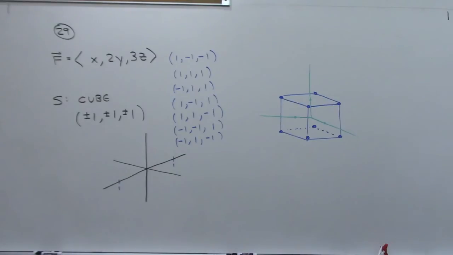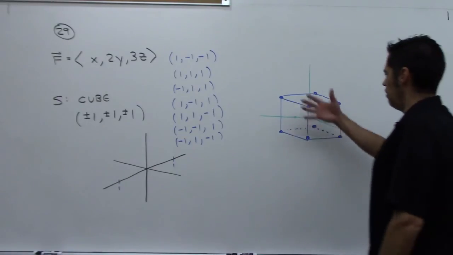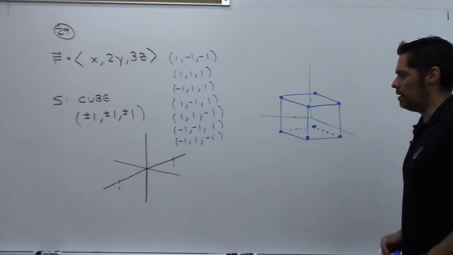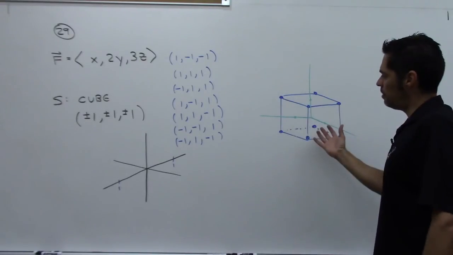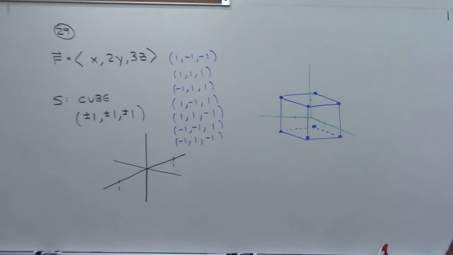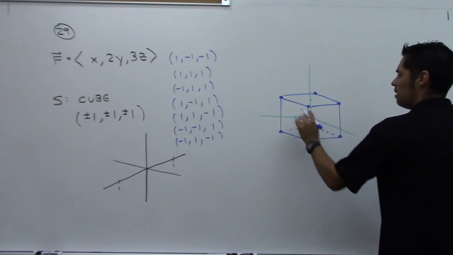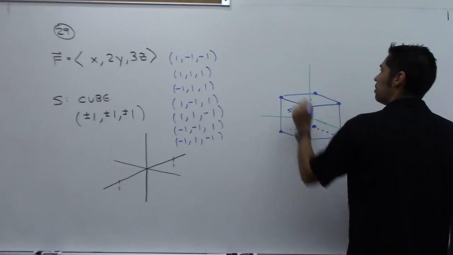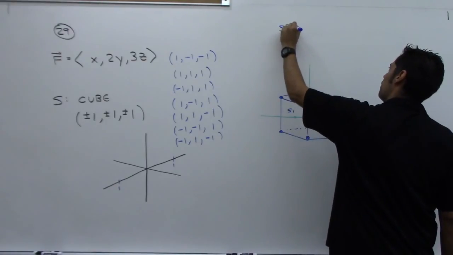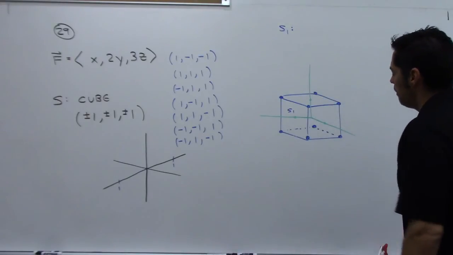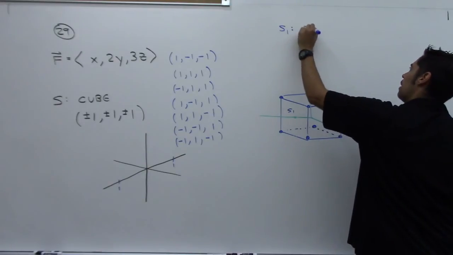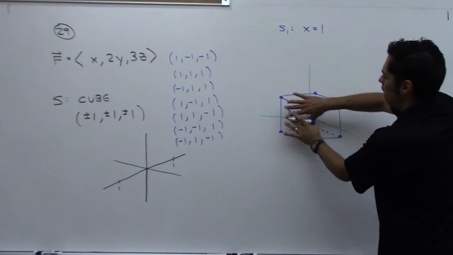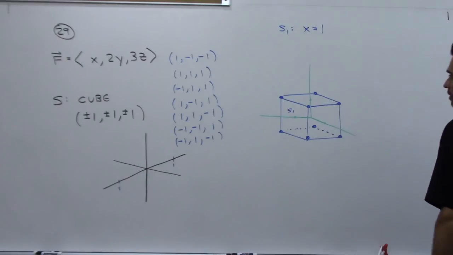So really the most important thing is to understand what each of these faces look like in terms of surfaces. So we're going to have a total of 6 surfaces. So let's look at this front surface right here, S1. S1 has the equation that your x-coordinate is 1, and then every other point lies in that plane that's parallel to the yz axis.